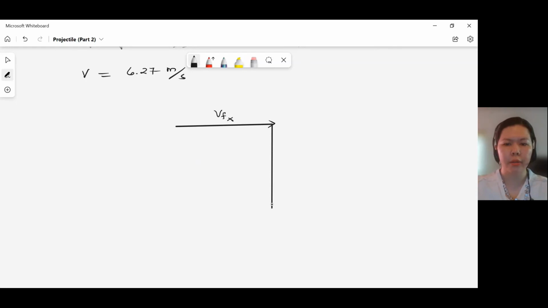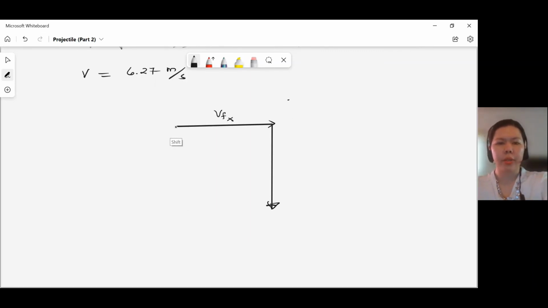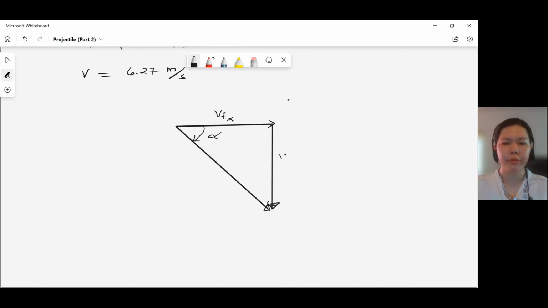So now our angle. This is our resultant vector V. Alpha to indicate the direction. So we have this, a going down Vfy.